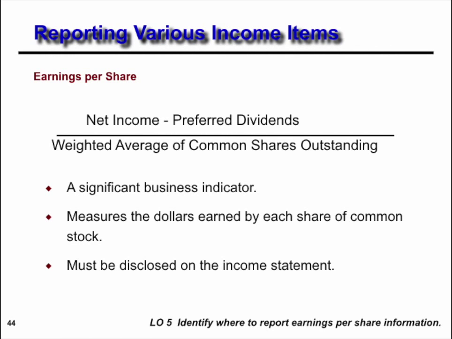You will see that the preferred dividends are removed from the net income in the earnings per share calculation. This is because the EPS only measures the income available to common stockholders. Preferred dividends are set aside for the preferred stockholders and can't belong to the common stockholders. Most of the time, the EPS is calculated for the year-end financial statements.